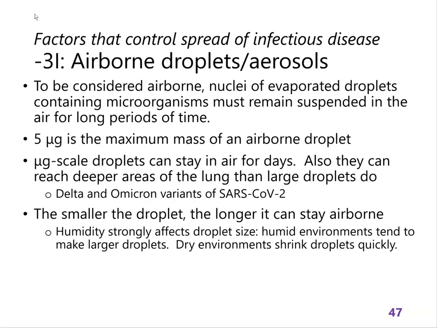In the winter, little droplets in the air will evaporate and get smaller and smaller, and they'll stay in the air longer and longer. Whereas in the summer, they will start to collect extra water and they'll get bigger and bigger and they'll fall. So that's one reason why infectious diseases or airborne diseases spread a little bit better in the winter in those places.